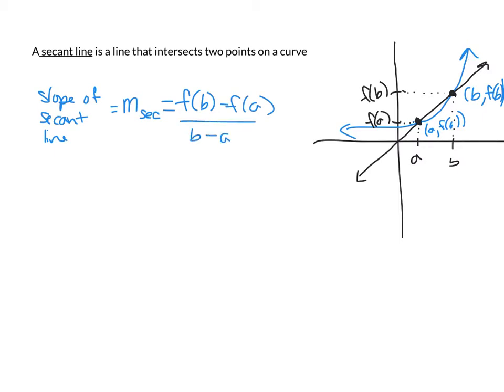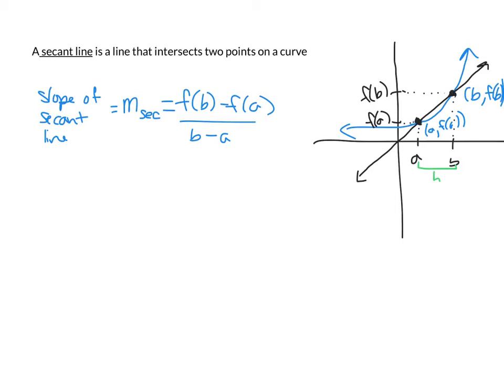I want to show you one other thing. I'm going to tell you right now, you're not going to be tested on it, but if you can understand this, you'll understand quite a bit of the stuff that you're going to need for calculus next year. So I think if you can understand this, it's great. I want to define the distance between a and b as h.